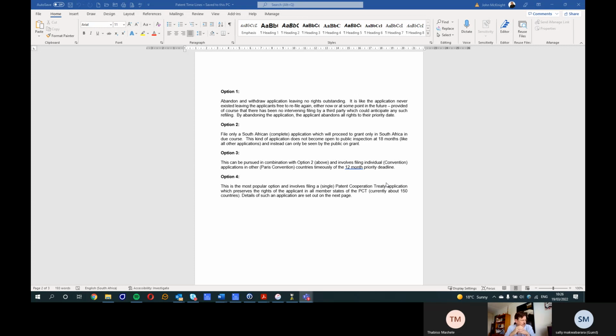So, okay, duration 20 years, provided you pay your annual renewal fee every year, calculated from the 3rd year to the end. It's not possible to extend a patent beyond its 20-year period.